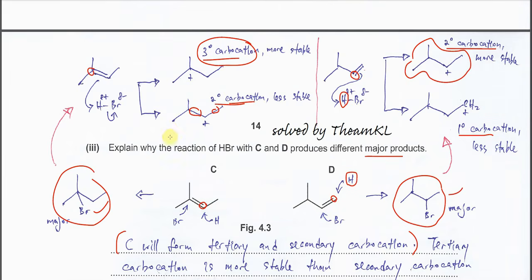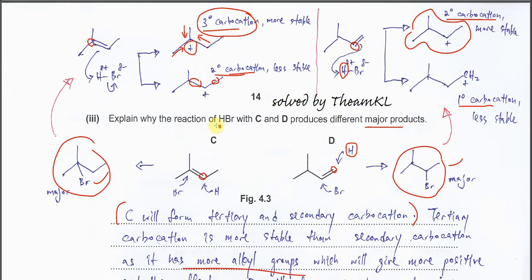Positive inductive effect means the electrons from the alkyl group push towards the positive charge. More alkyl groups give more effect, and that makes this carbocation more stable.